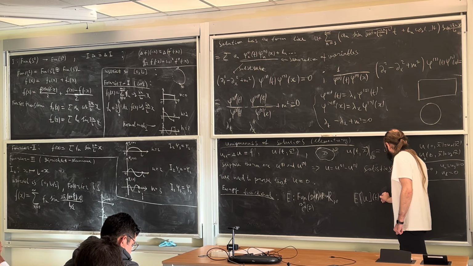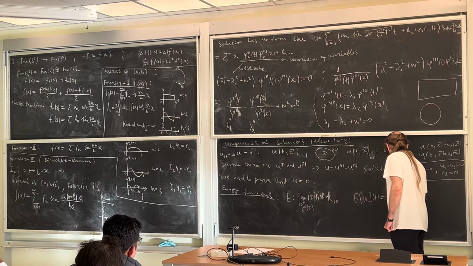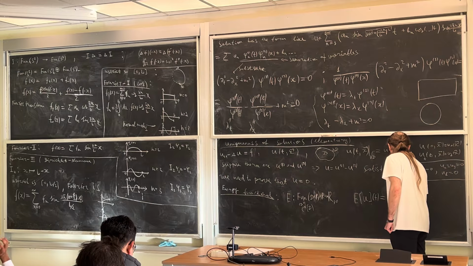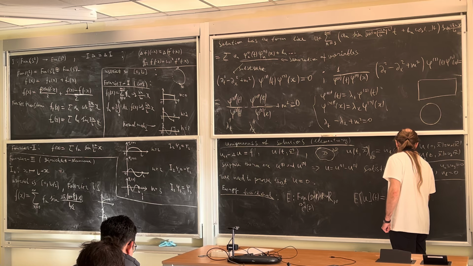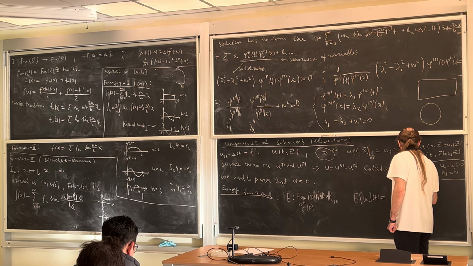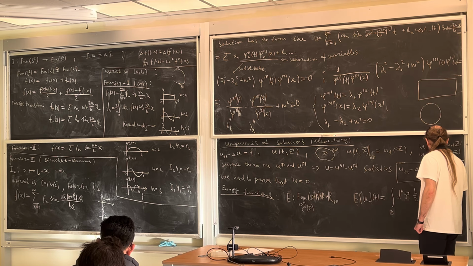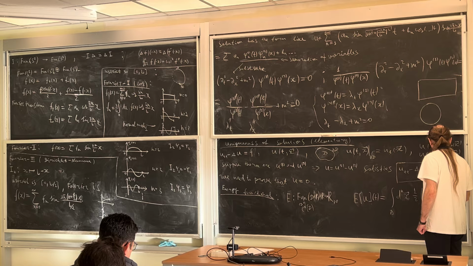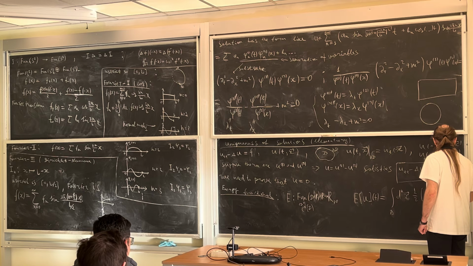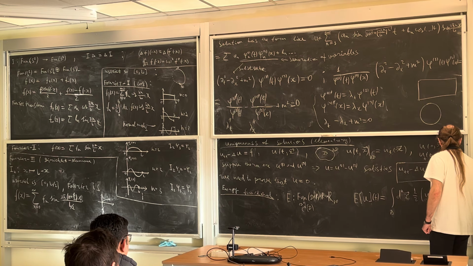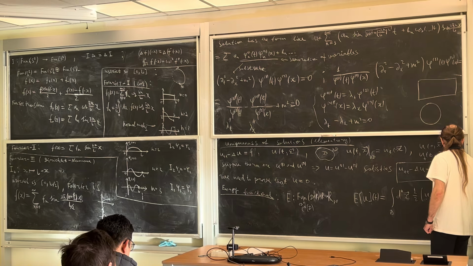So it equals an integral over this domain of dx, 1/2 of u_t of t,x squared plus gradient of u squared.